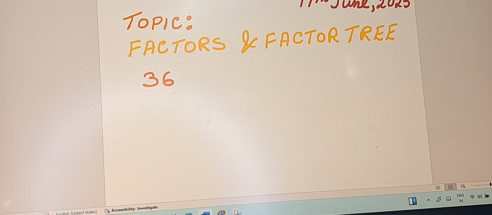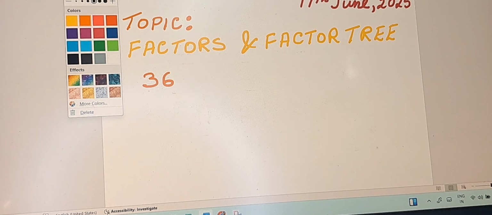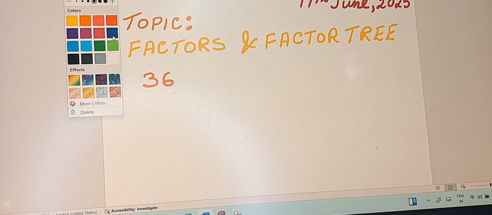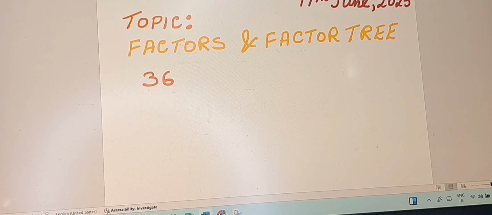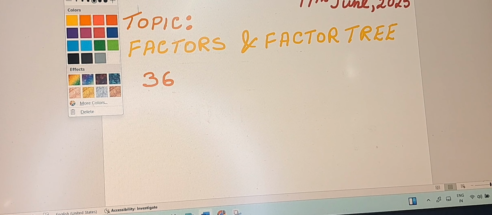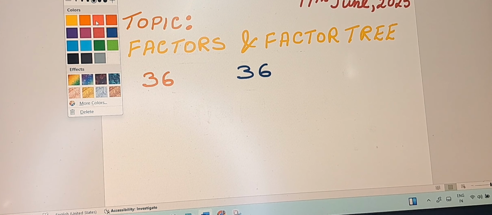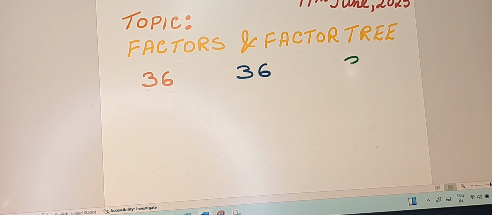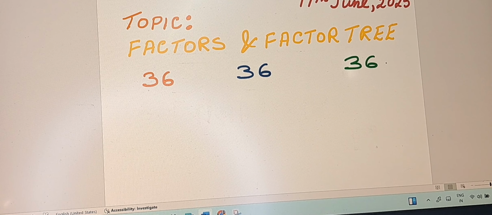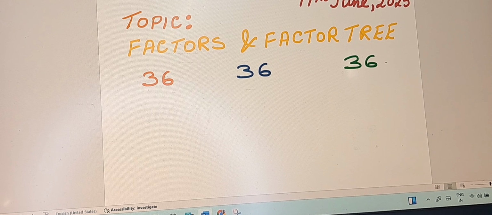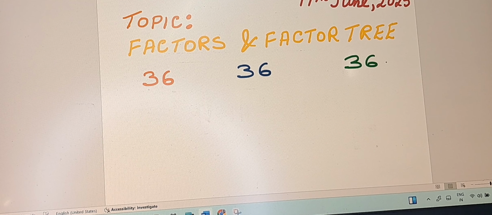I'm going to write 36 three times. Let us see how we can represent factors on these factor trees. It is quite interesting, students. But before I draw the factor tree, I'm going to explain about prime numbers.